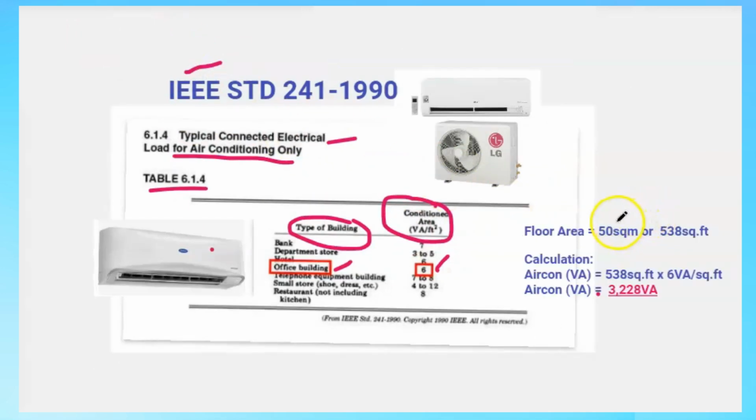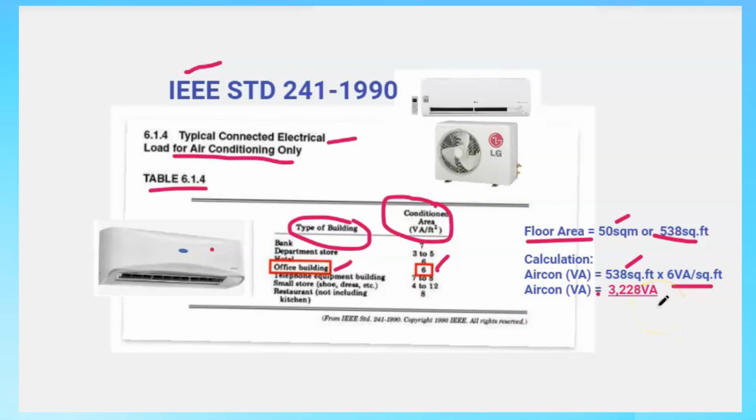Okay, so let's calculate. We have 50 square meters for our floor area. If we convert that to square feet, that is 538. Okay, so 538 square feet, just multiply it by 6 BE per square feet. So we have 3,228 BE.